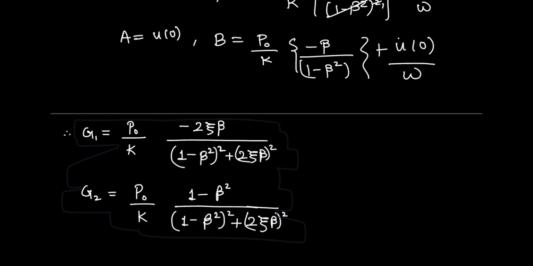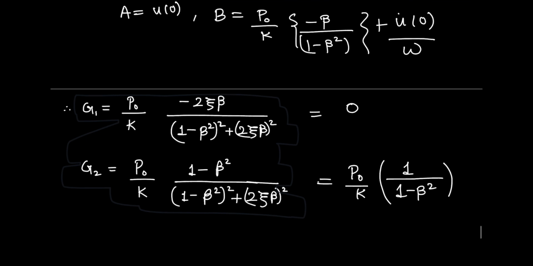So from the constants g1 and g2, let us find what the value would be in this case. So g1 would become 0 because our damping ratio is 0, and g2 would become P naught by K in bracket 1 upon 1 minus beta square.